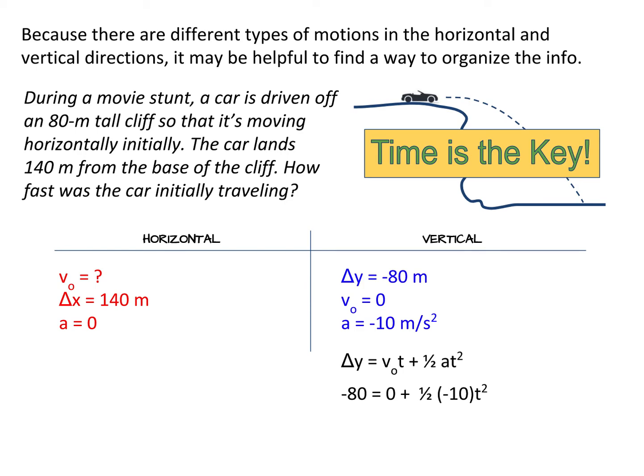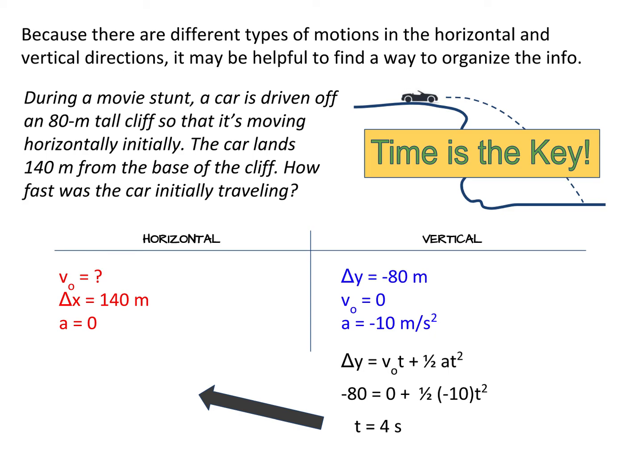And gravity points downwards as well, so I'm putting that in as a negative 10. And when you solve this, I gave myself nice numbers here, so time ends up being 4 seconds. Now that's not my final answer, but it's going to help me figure out how fast the car was initially moving. I'm going to use this over in the other side of my chart.